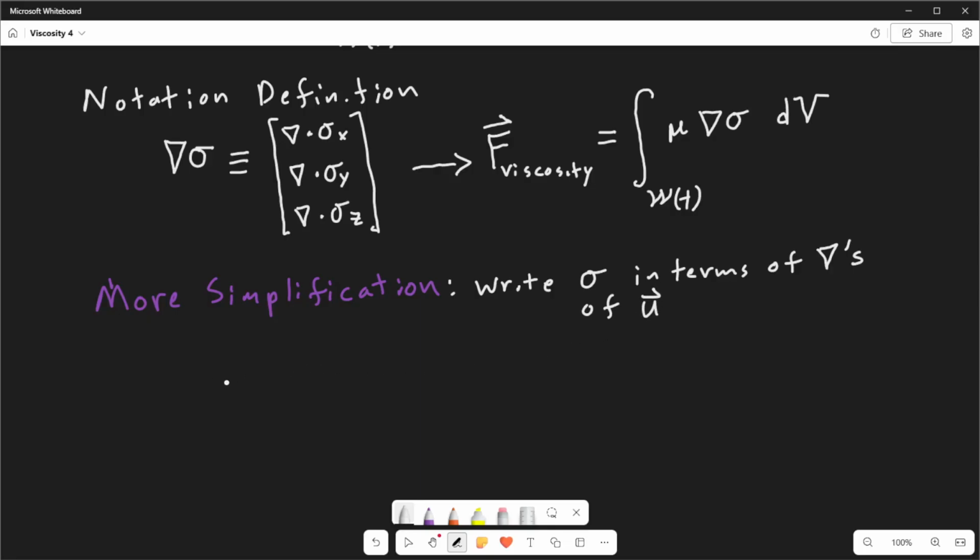So what actually comes out is, and we do yet another definition. Notation, definition.